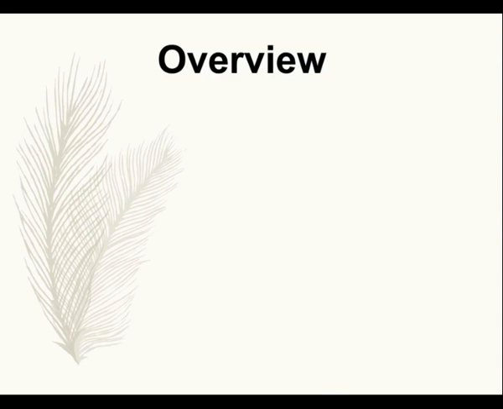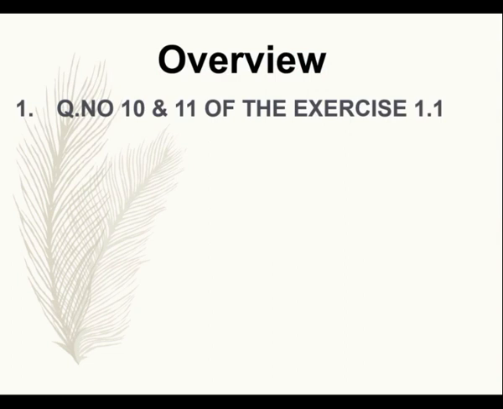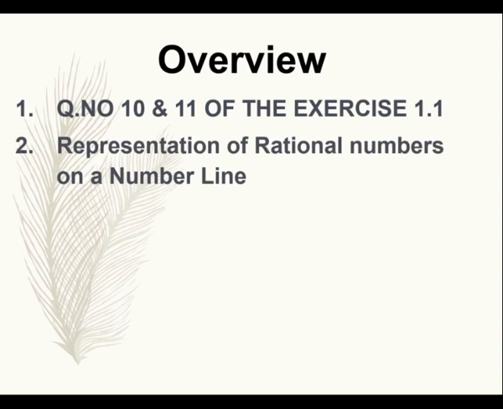Now, overall, what have we learned in today's class? Children, we have learned question numbers 10 and 11 of exercise 1.1. After discussing that, we learned representation of rational numbers on a number line. Now, the time of homework. Note down the questions. Do it in the exercise notebook. These two questions are part of exercise 1.2.